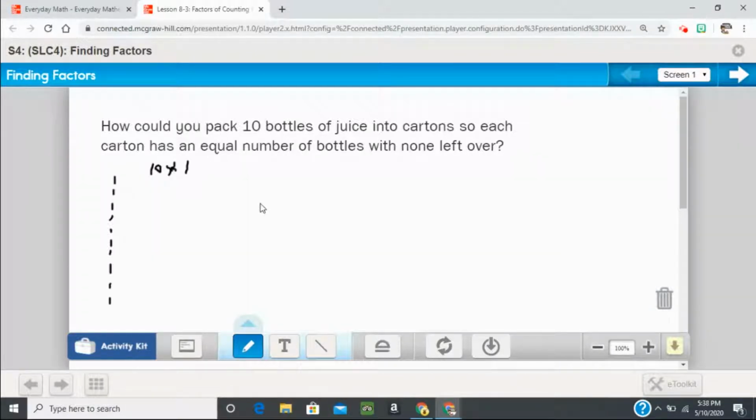Now I know that 10 ends in a 0, and that shows me that it is an even number. So I know I could do 2. So I have to think, what times 2 equals 10? The answer is 5. So I could write that down as well. 2 times 5 is a factor of 10. And that tells me that I have 2 rows, and I have 5 in each row.